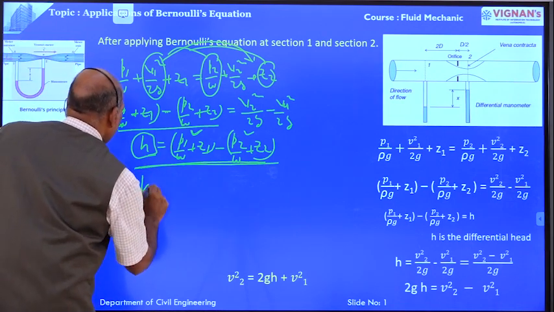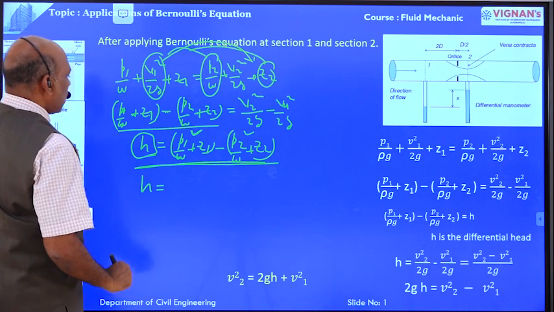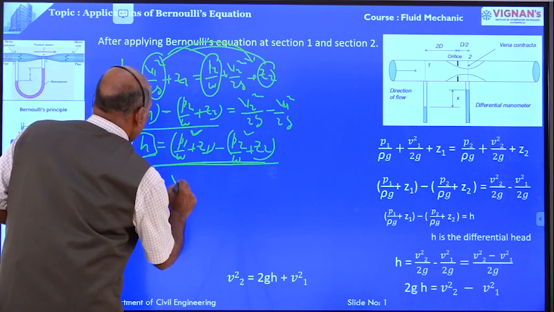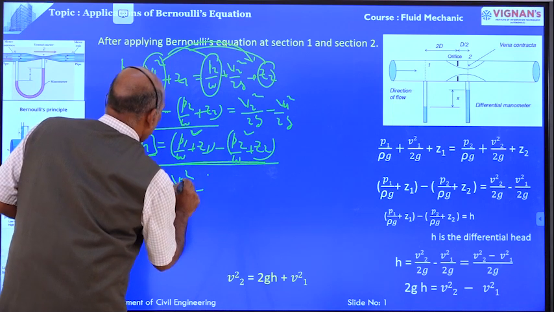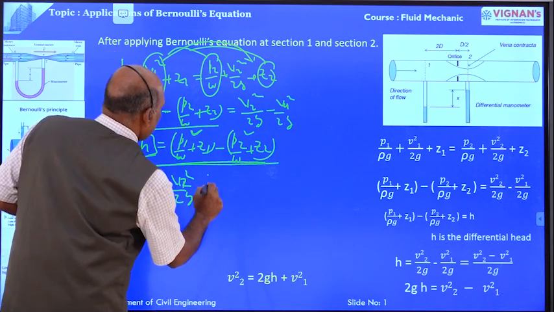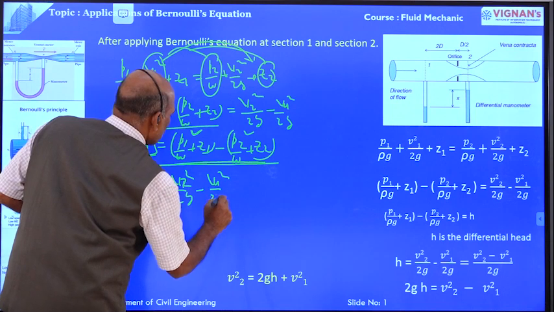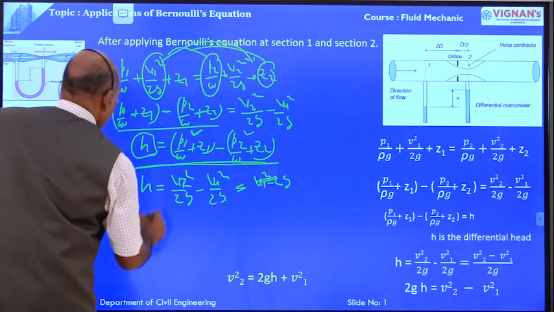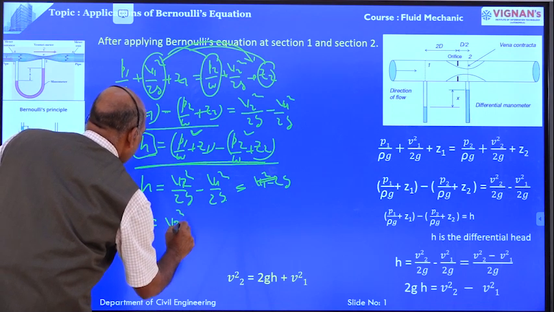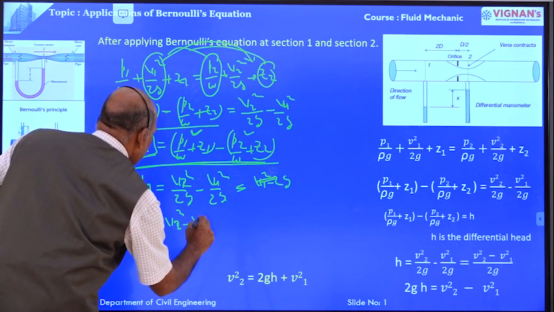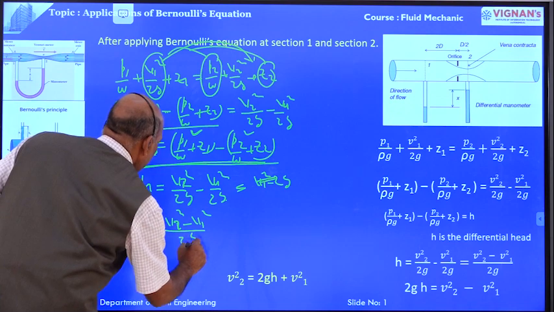Therefore, H, that is the pressure difference between section 1 and section 2, is equal to V2 square by 2G minus V1 square by 2G. Right, this is equal to V2 square minus V1 square divided by 2G.